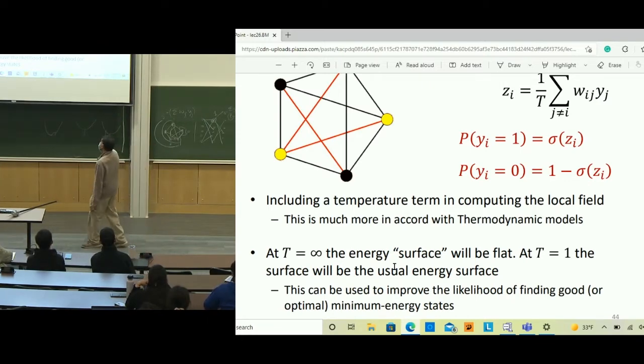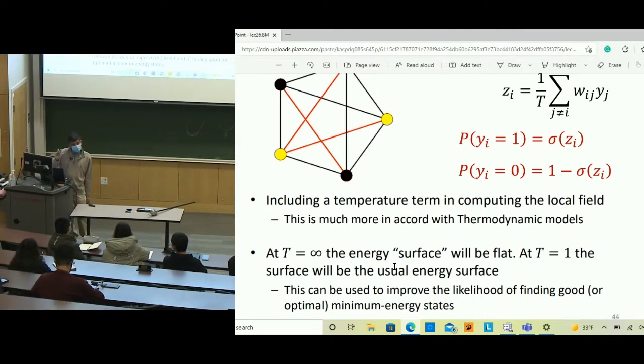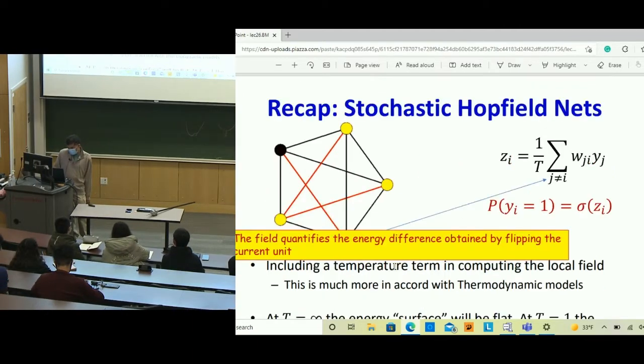If the temperature is 1, this is just your standard Boltzmann machine that we just saw, where you keep flipping according to the probability of each state, where the probability is the logistic computed at the field.